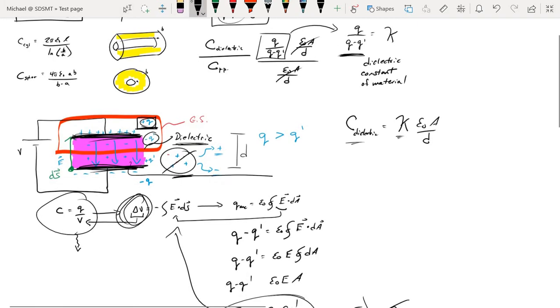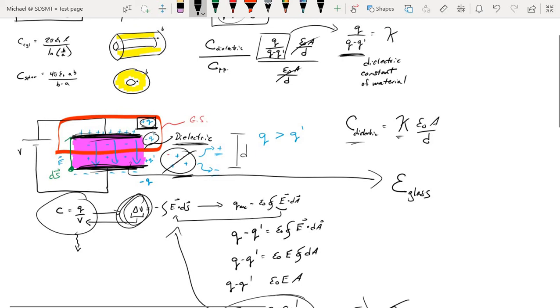This new material, this new dielectric material, will have its own unique permittivity value, epsilon. So let's give a name to this material. Let's say this was a piece of glass. So all this purple stuff in here is glass between the two plates of our capacitor. So there would be a unique permittivity value for that glass.